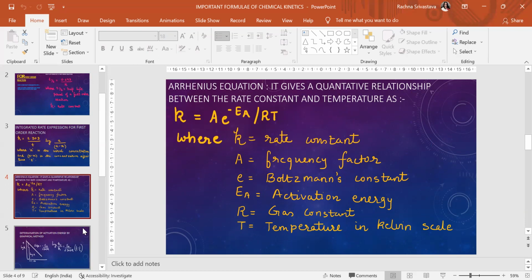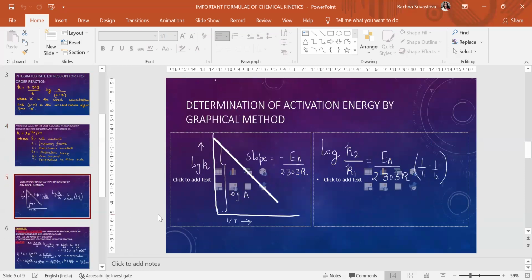Then comes the next one, the graphical representation of activation energy. We are very well aware of this term. In this graphical representation, your log K is plotted on the y-axis, 1 by T is plotted on the x-axis, as you can see in the graph.